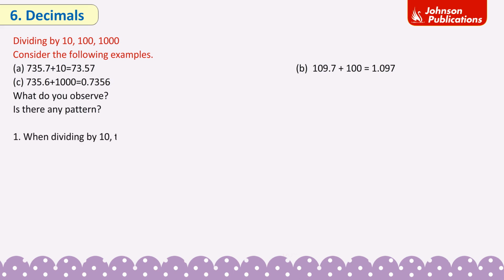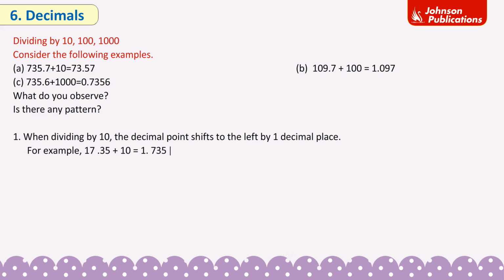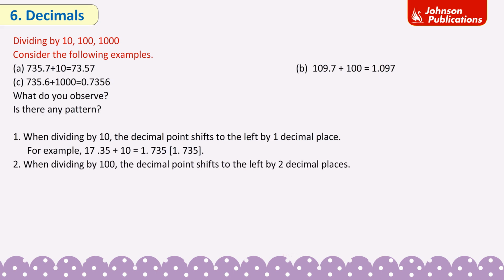1. When dividing by 10, the decimal point shifts to the left by 1 decimal place. For example, 17.35 divided by 10 is equal to 1.735. 2. When dividing by 100, the decimal point shifts to the left by 2 decimal places. For example, 472.5 divided by 100 is equal to 4.725. 3.